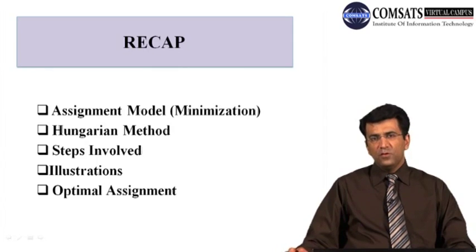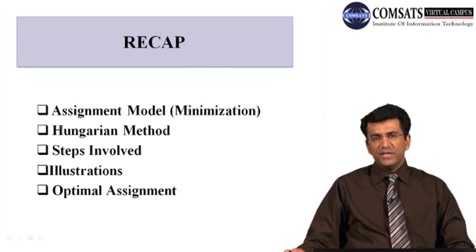That is, we will start from the first row. If there is a single zero in a particular row, we will assign that zero by squaring it, and then we will cross the other zeros in the corresponding columns. Similarly, we will move up to the last row, and the same procedure will be adopted.